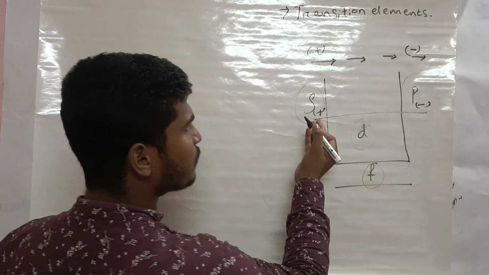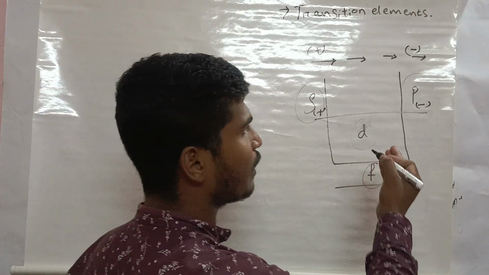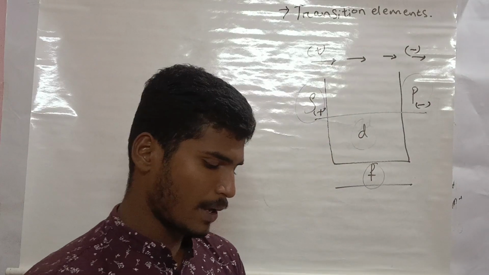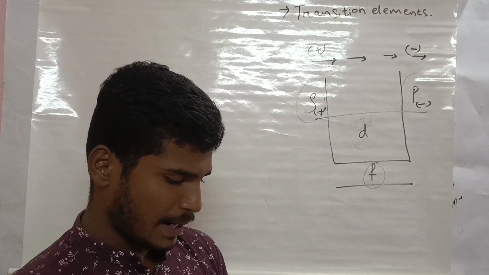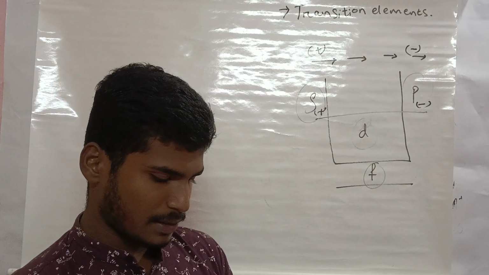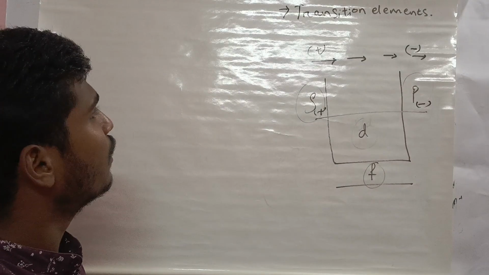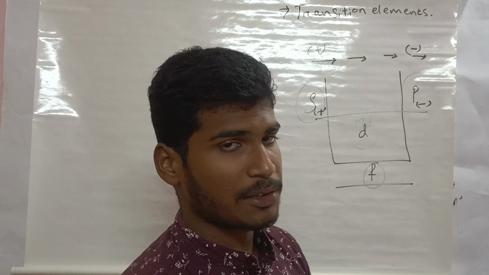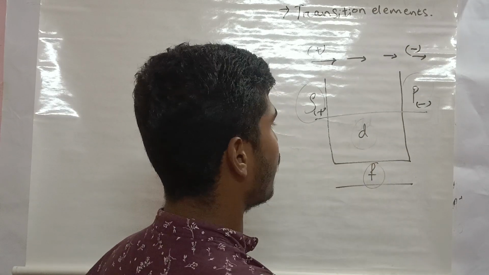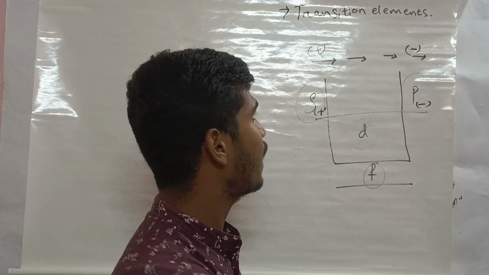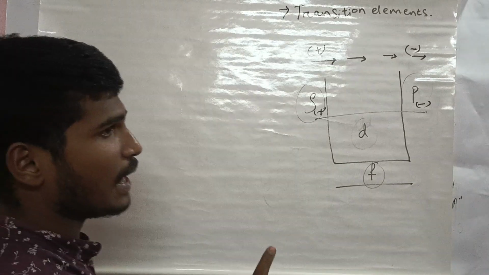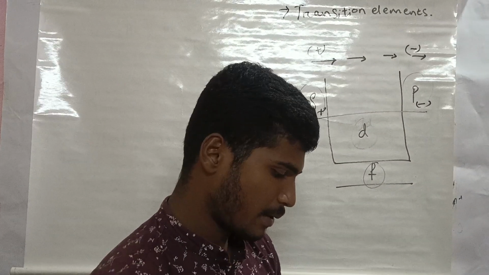In S block it is positive, in P block it is negative. Hence they are said to be transition elements, because the transition happens here from positive to negative. That's why the D block elements are known as transition elements, except zinc, cadmium and mercury.